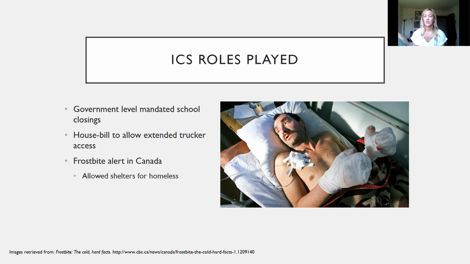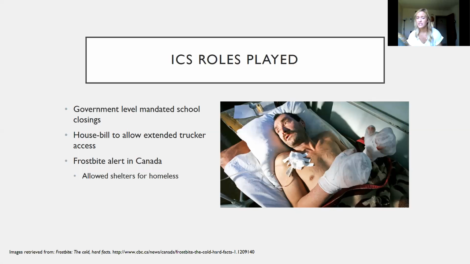And then Wisconsin also almost closed all schools statewide as a safety precautionary measure. That was really a role of leadership that you would see in an ICS command system, just because it was looking out for all of the communities, and it was a one leadership role decision.